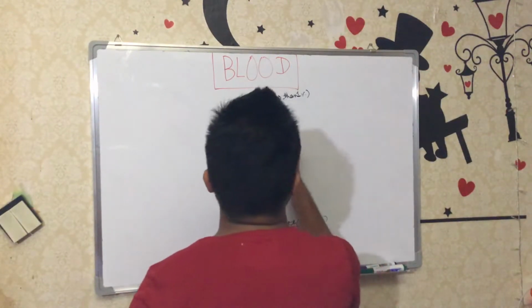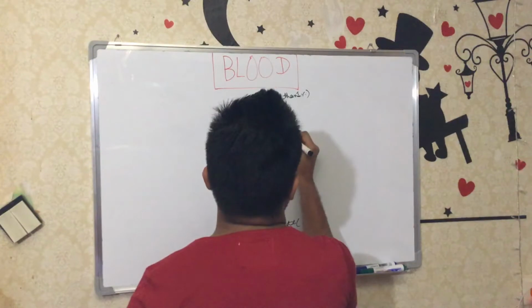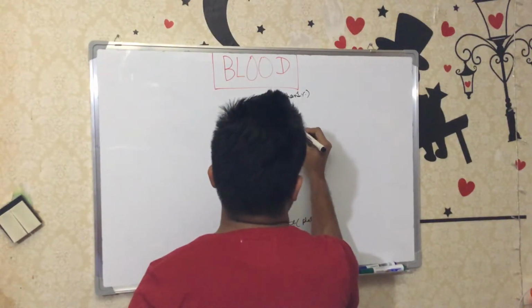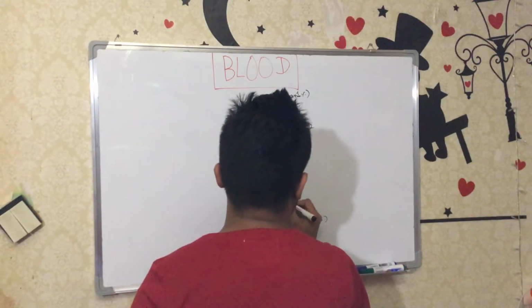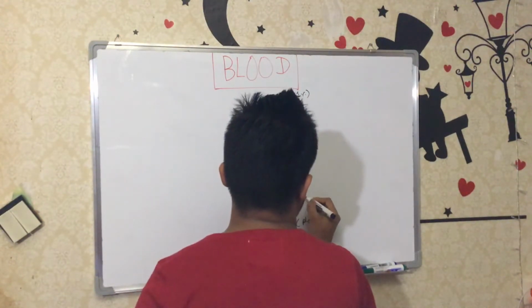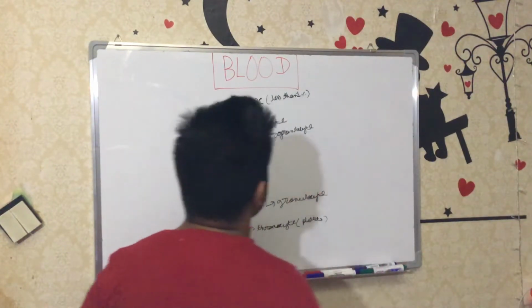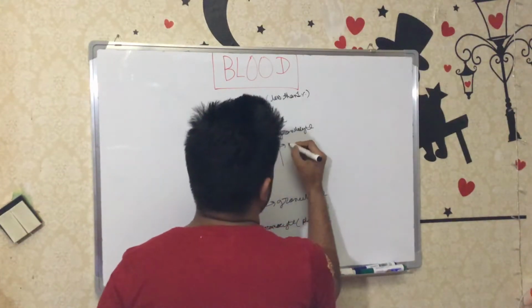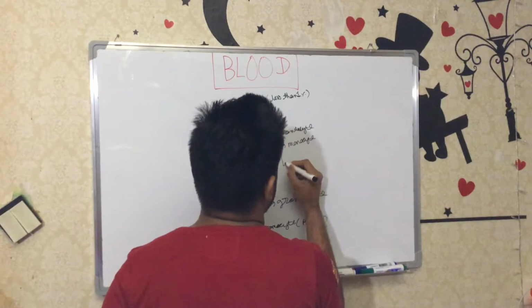In leukocytes, there are granulocytes and agranulocytes. Agranulocyte means the granules are absent. So the agranulocytes are monocyte and lymphocyte.